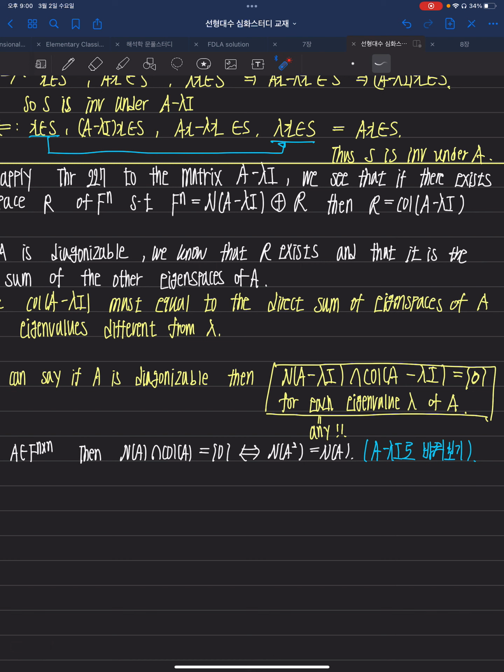If A is diagonalizable, then any eigenvalue of A must satisfy this condition, every eigenvalue.